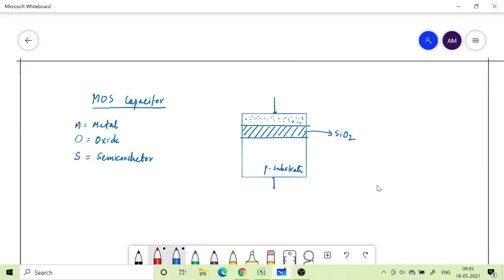Okay, so just to distinguish it from the substrate, I am just putting some different shade here. Okay, so this is metal. So it is very common that instead of metal we use what is called as polysilicon.